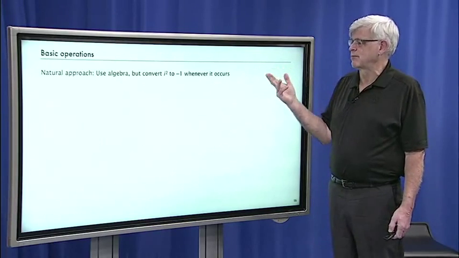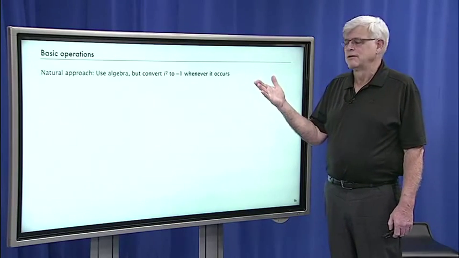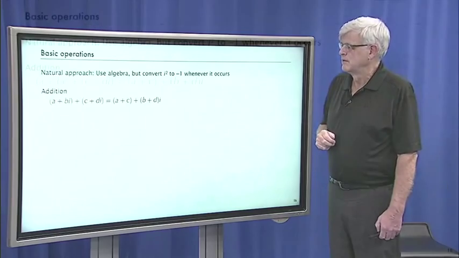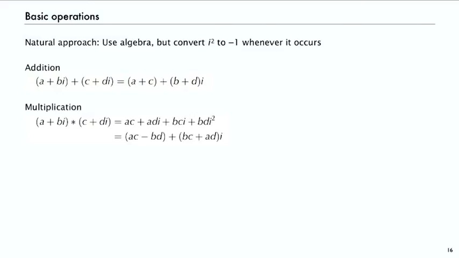Now, to define the basic operations, the natural approach is to just use algebra, but every time you see i squared, you convert it to -1. If you want to add two complex numbers, that's just algebra: add the real parts, add the imaginary parts. If you want to multiply them, use the distributive law, set i squared to -1, and then collect terms.